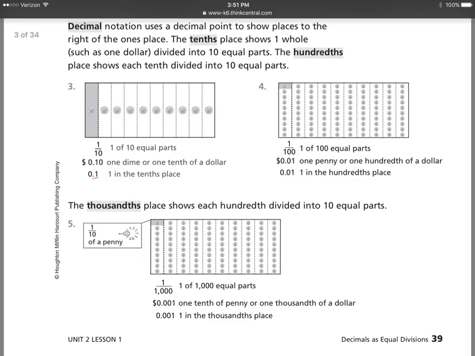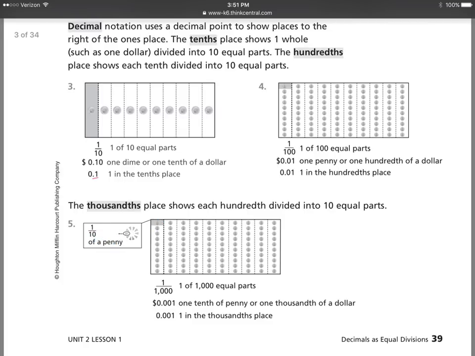On example number 5, we still have 100 pennies. We've shaded 1 penny, but they've made a notation that this penny that they shaded isn't the entire penny being shaded, just 1/10 of that penny. So imagine breaking this penny up into 10 equal parts and only taking 1 part of that. 1/10 of a penny.